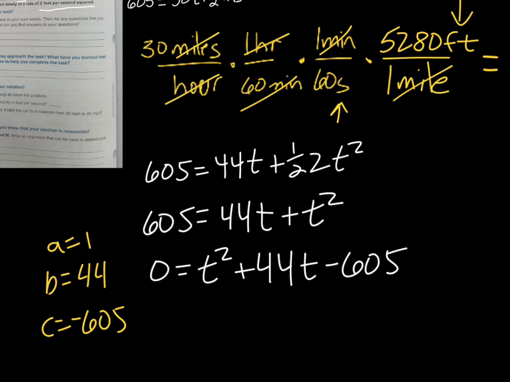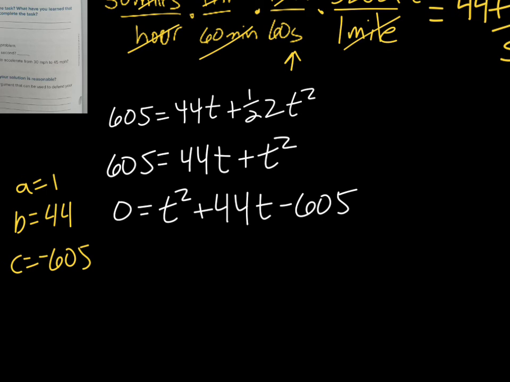So it actually doesn't break down too awful, but what I found is that 55 times 11 gives you 605. Now, of course, one of them needs to be negative. Our B value is positive, so that's going to make our 11 negative.